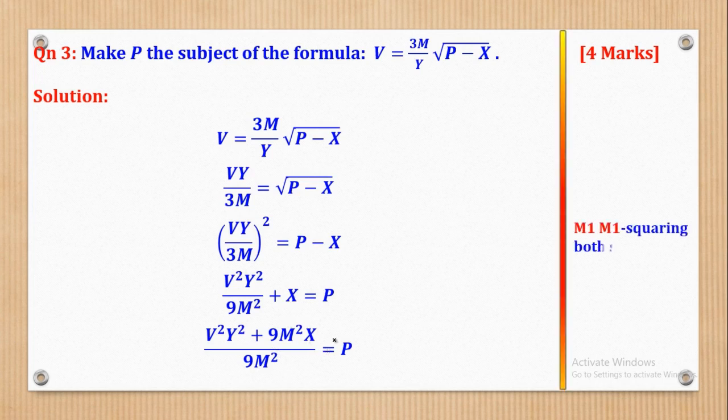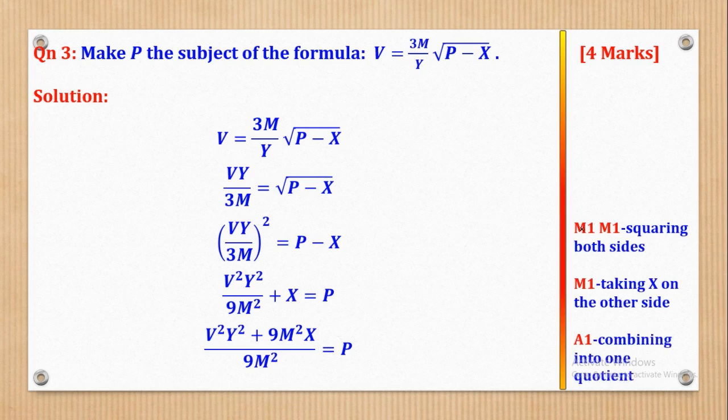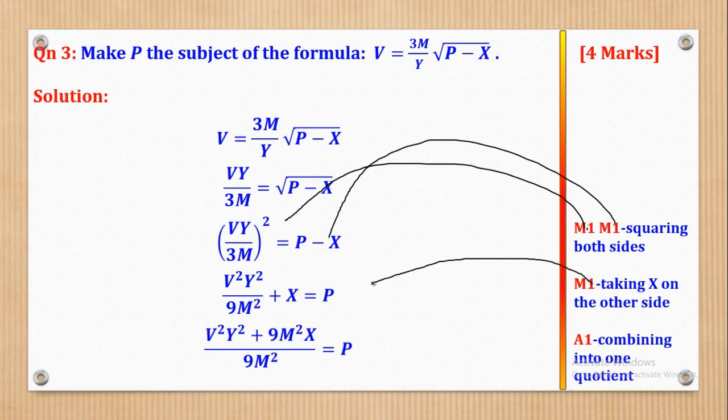So basically that is what they wanted. So M1 is for squaring both sides, squaring this and squaring this. Then M1 for taking x on the other side. Then A1 is for combining into one quotient.